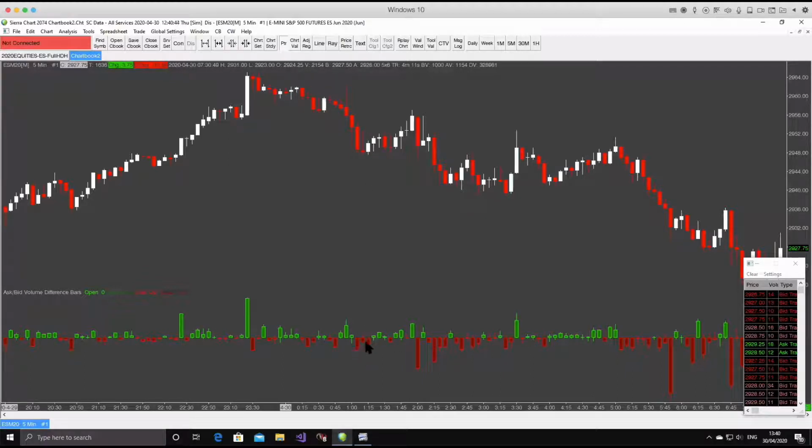So read the formation, the story of the formation of the delta, then compare that to the story of price, and do they match each other? If they match, things are logical. If they don't match, then it's a sign for sure that something is likely to change, and the volume will give you the leading clue of what is likely to change. So that's my take on high and low delta.